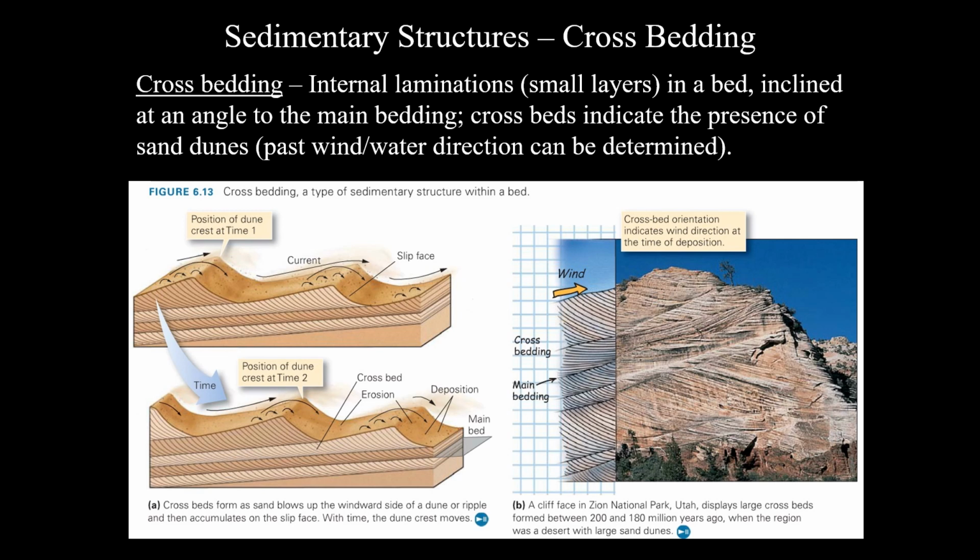We can look at what the sediment looks like, and then we can compare that to Zion National Park, which is an amazing place if you ever get a chance to go. 200 to 180 million year old sandstone. We see those same types of features, and that structural evidence suggests to us that where Zion exists today, 200 to 180 million years ago, there were large sand dunes that existed there.